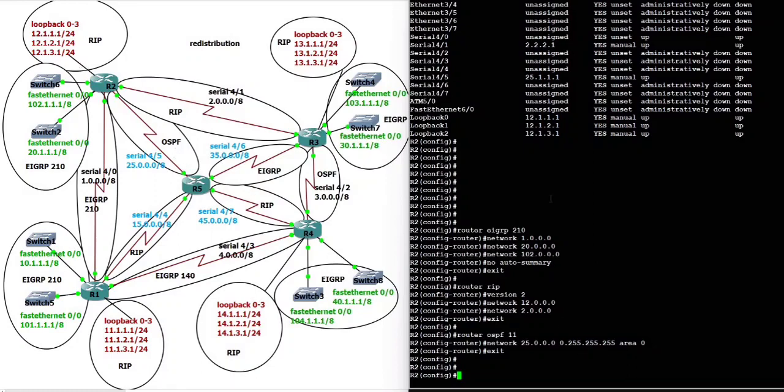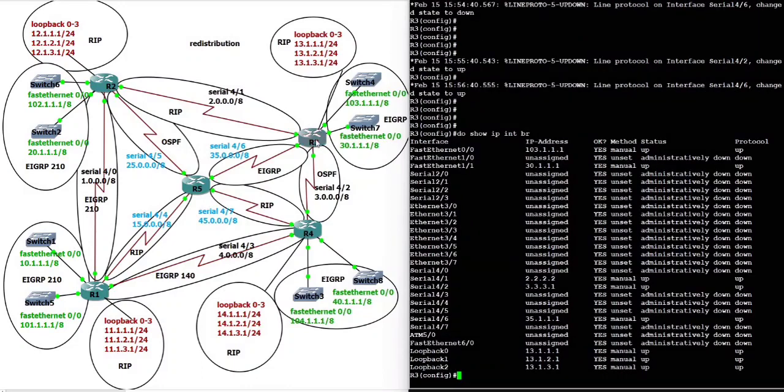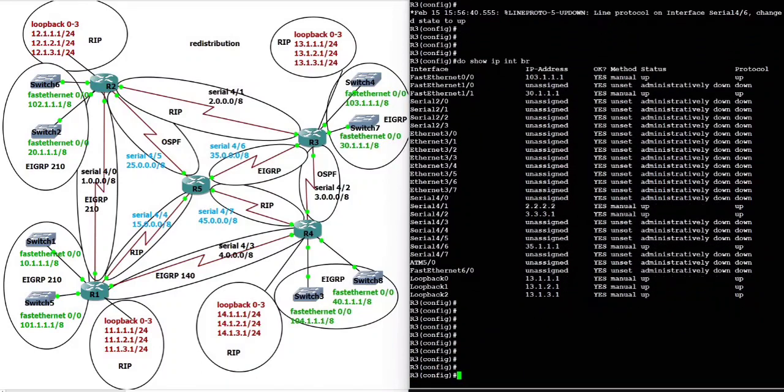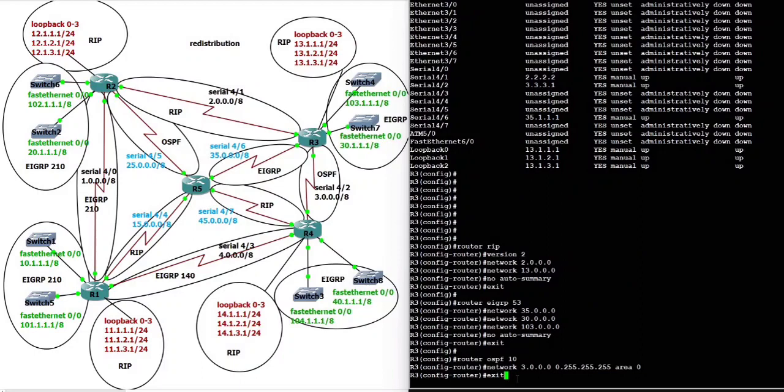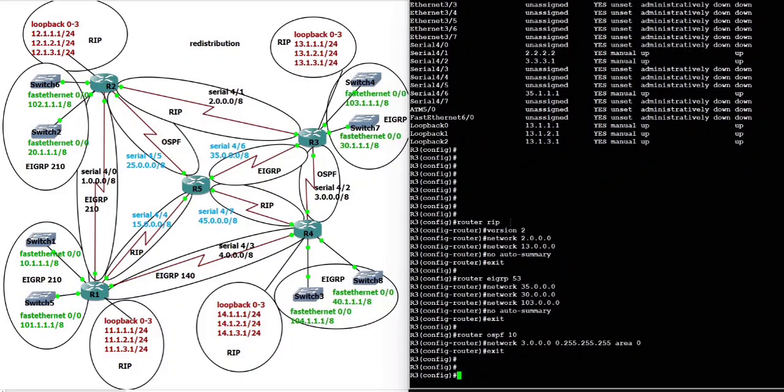Now we are going to configure on router 3. On router 3, here also we have 3 routing protocols: EIGRP, OSPF, RIP. Okay, on router 3, RIP, 2 dot network and 13 dot network. 2 dot is this serial interface 4/1. 13 dot network is our loopback address.